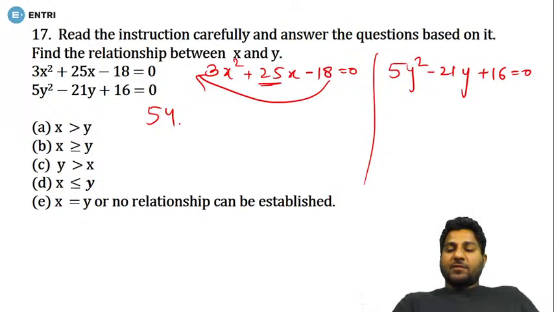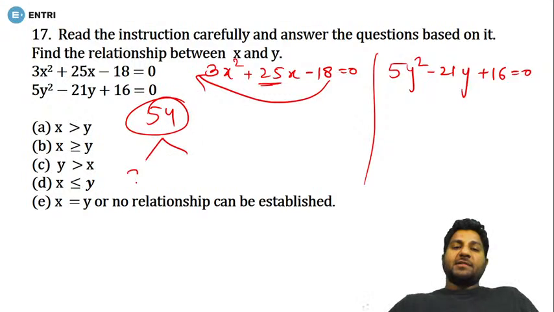Guys, solve this question as quickly as possible. Look, the factor of 54 will become 27 and 2. So it will be plus minus.